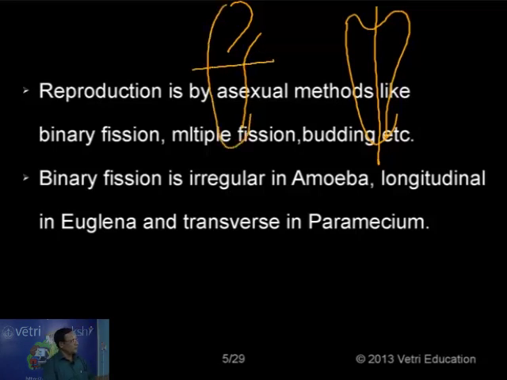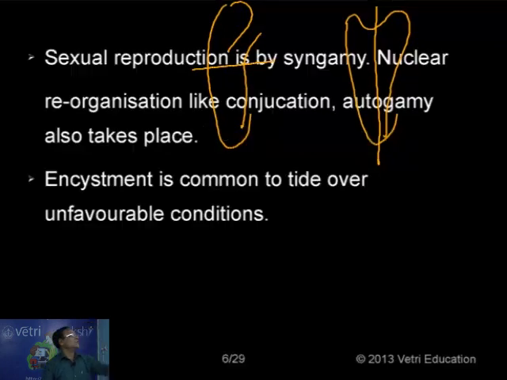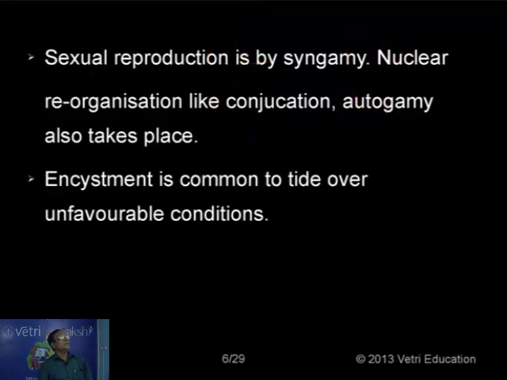So though binary fission is the common method of asexual reproduction in unicellular protozoans, it is not uniform. Again you have biodiversity. In Euglena, longitudinal; in Paramecium, normally transverse; in amoeba, irregular. So this is the main mode of reproduction seen in unicellular organisms.